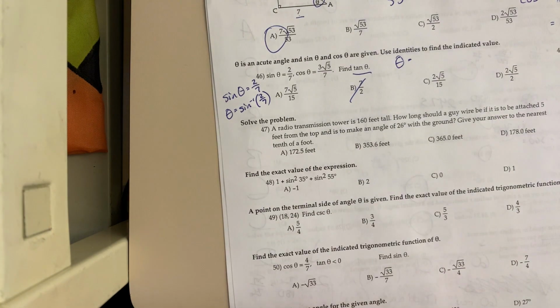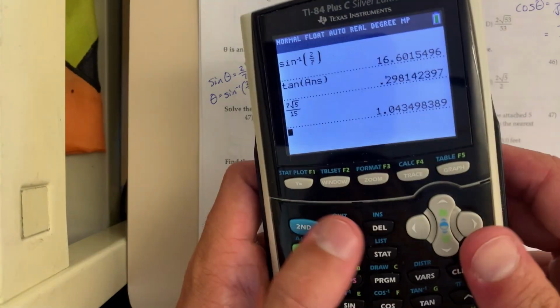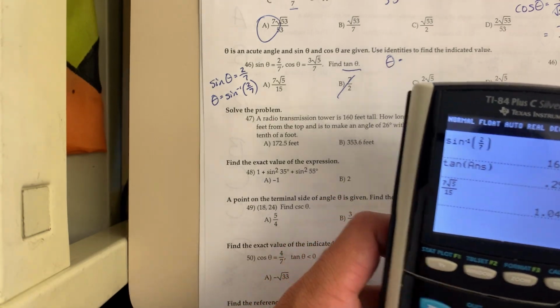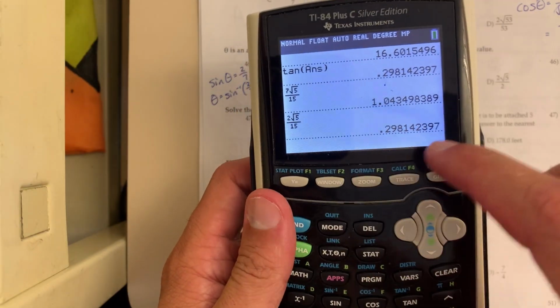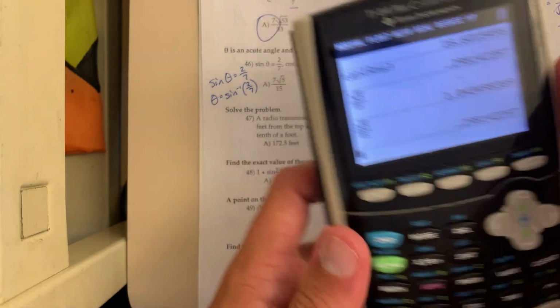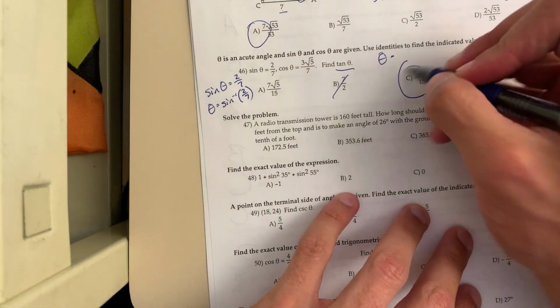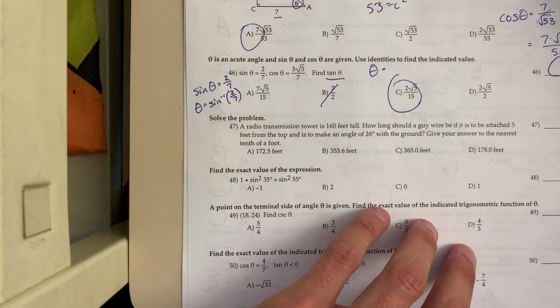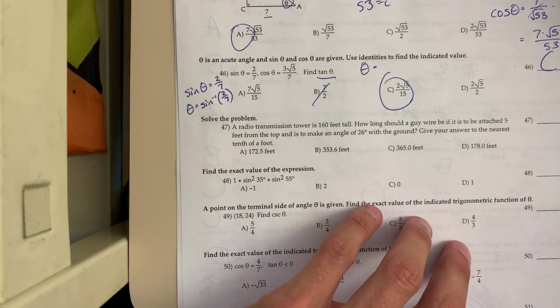What you could do in this case then is just evaluate these fractions. So you see answer option A, 7 square root of 5 over 15. Not the same. Hey, there you go, 2 square root of 5 over 15, same value, same decimal answer as your thing there. So that's kind of a workaround way of doing it, but I just think that's a good guess and check way to do that.